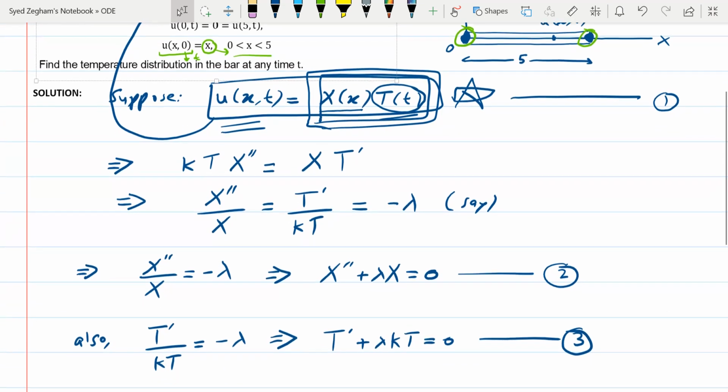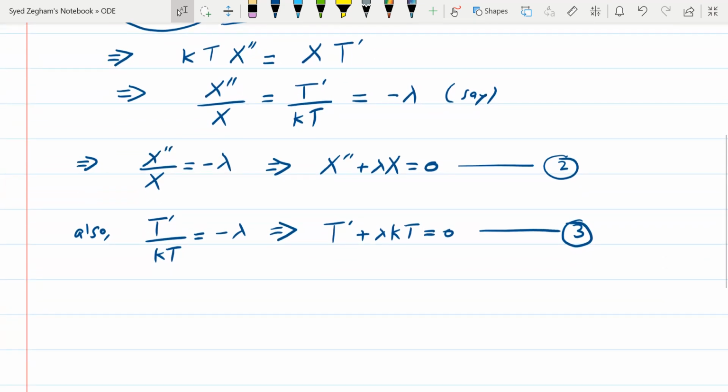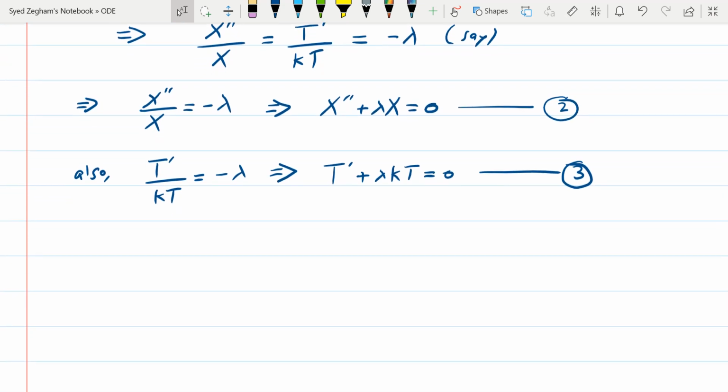So we have the given conditions, the boundary value conditions.